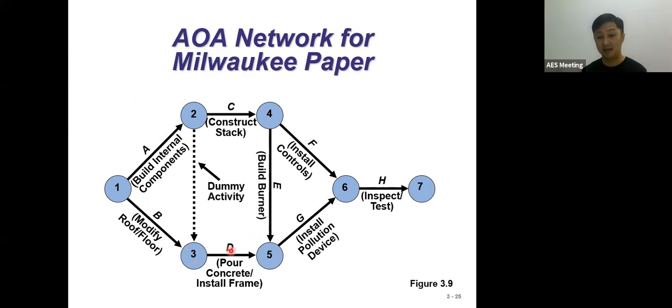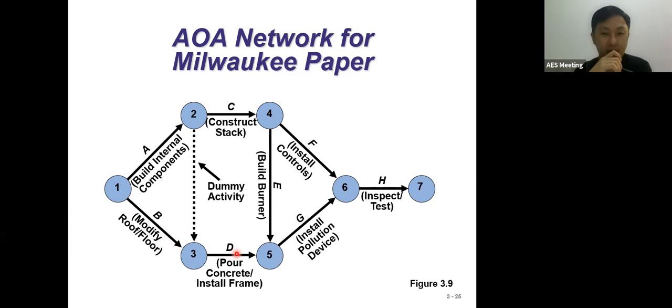This D activity is saying that A should complete. Remember, A should complete. Follow my arrow. Then B complete also, only then we can continue D. In other words, A and B should be completed, only then can we start D activity. So that is what it means here.